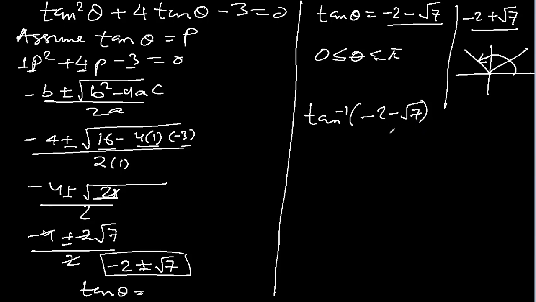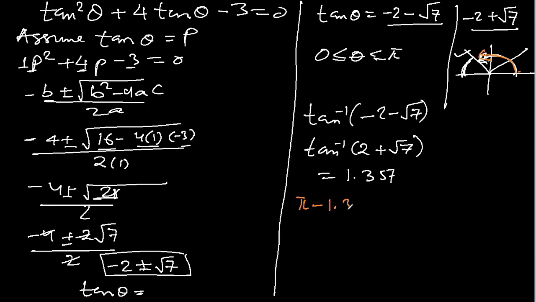So let's do that. When I ignored the negative and just put tan inverse of 2 plus square root 7 in my calculator, I got the angle 1.357 almost. So that is this acute angle. Now I wanted to find this one, and that's why I removed the negative, because I knew that it will be in the second quadrant.